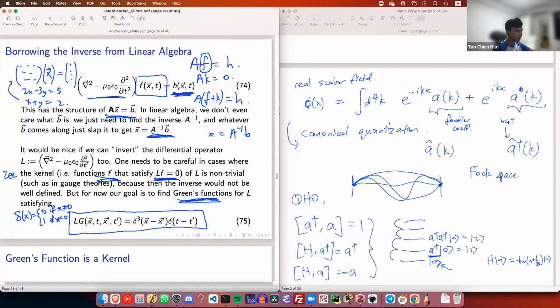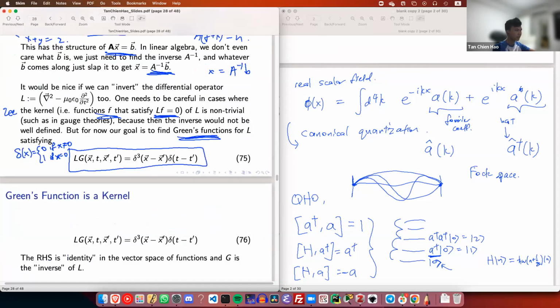On the right-hand side, when we invert a matrix A, we want the right-hand side to be an identity matrix. In this case, the right-hand side is our identity sort of element under the integration. I'll show you later. L is our differential operator A, and the Green's function is essentially our inverse, A inverse.